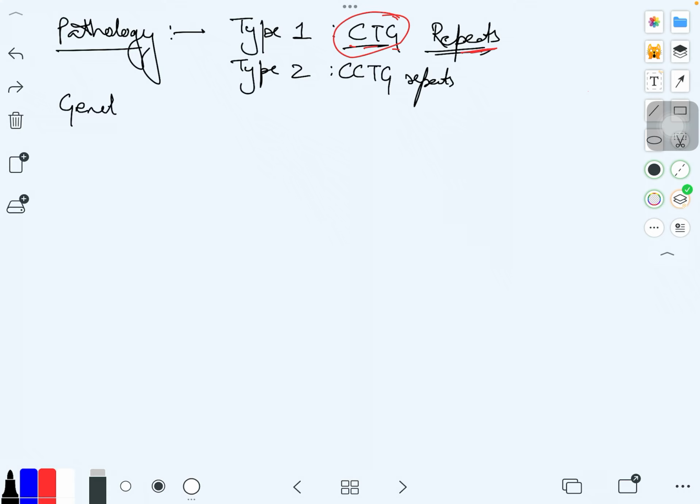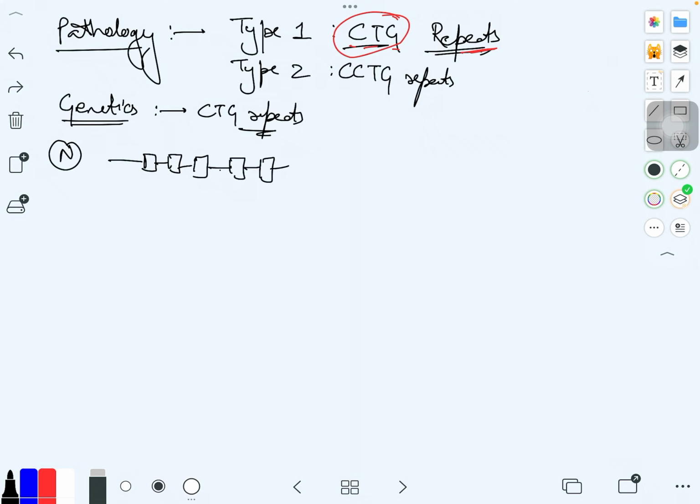The genetic basis of myotonic dystrophy. So there are CTG repeats, as we just said. Let's say there is a normal gene which has C, T, G, again C, T, G, again C, T, G, and so on n number of times.